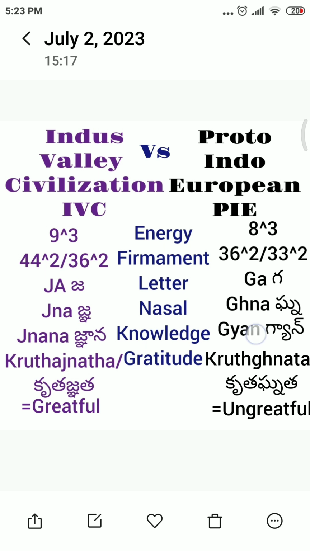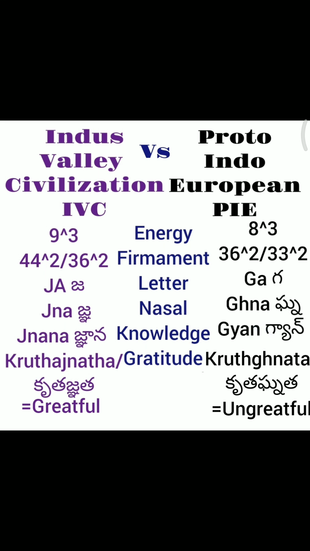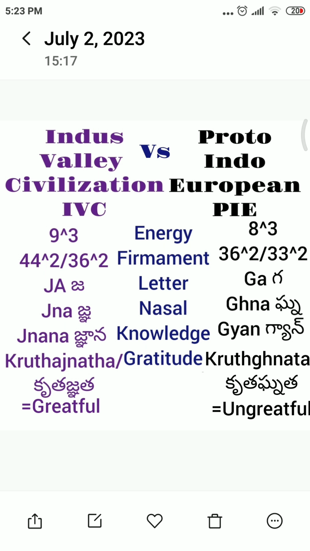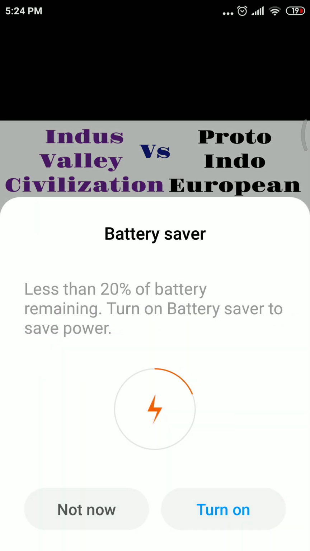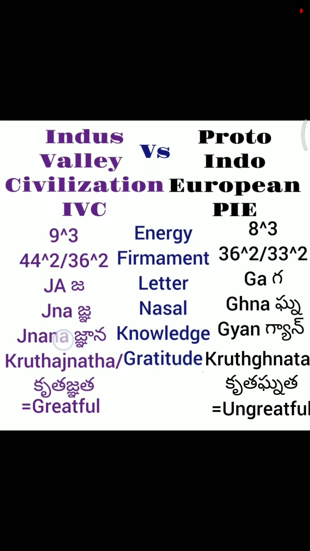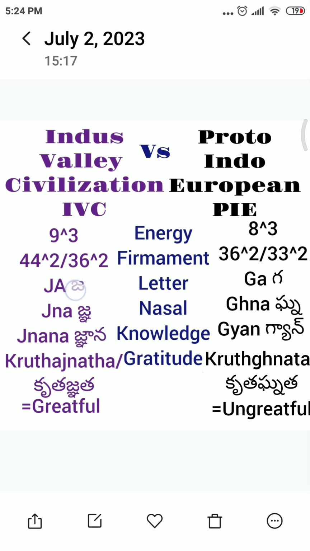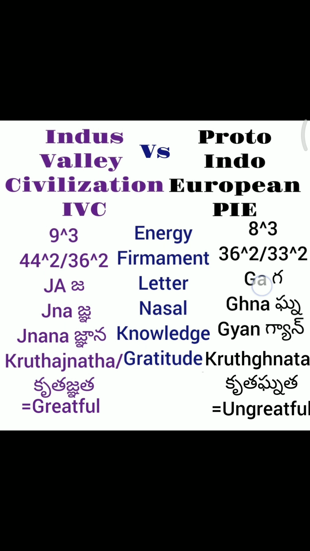The n ends abruptly, and jnana is called gyan. I used to wonder why they call it Gyan, while it is very common in the north in India, they call knowledge Gyan, and in South India we call it Jnana. This originated from Ja, and this originated from Ga.